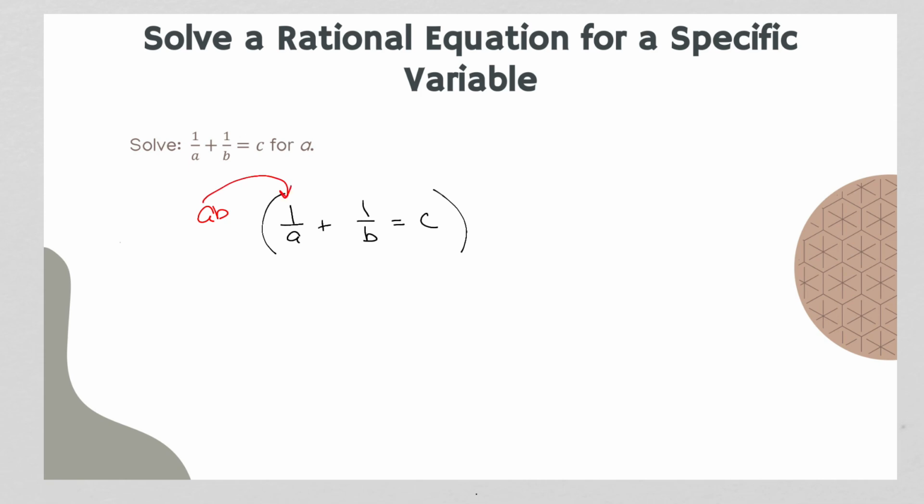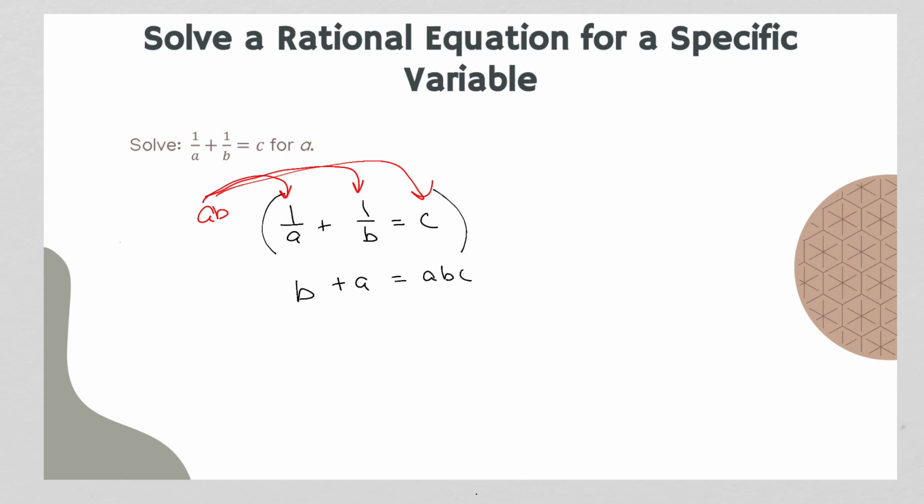Whenever I multiply it times that, the a's cancel, and I'm left with b times 1, which is b. I'm going to multiply ab times this, and I get that my b's cancel, and I'm left with a times 1, which is just a. And whenever I multiply ab times c, I get abc.